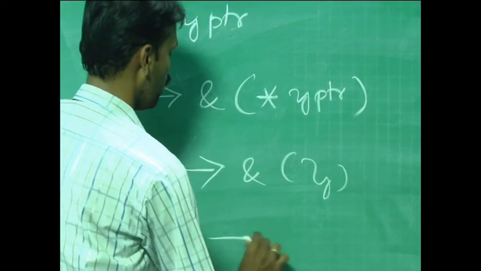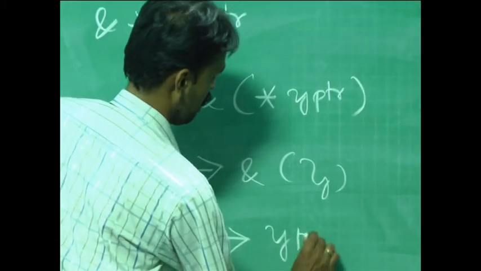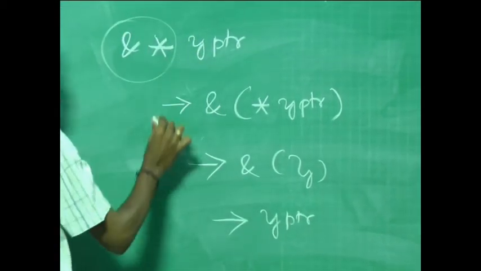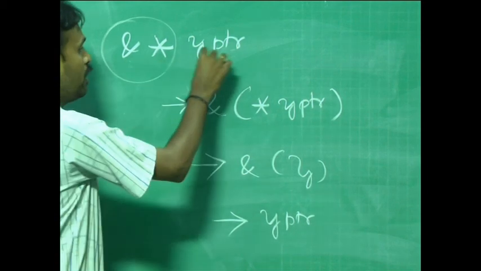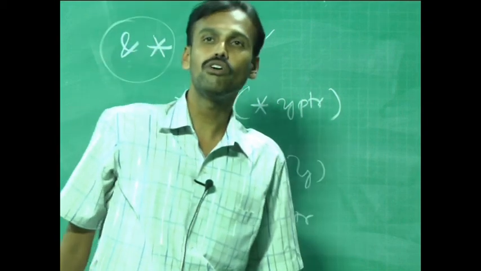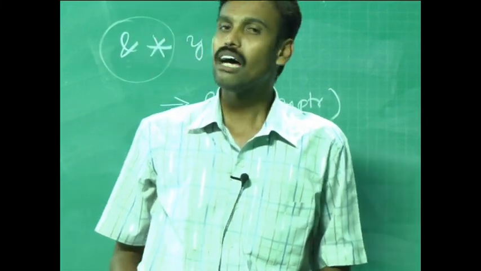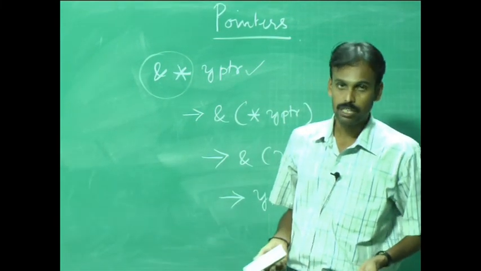So, what is address of y? It is again stored in yptr, which means that when these two are together, one nullifies the other, which leaves with the remaining operand alone. That is why we do call these as inverses of each other. So, these are the two most important operators that we associate with pointers.